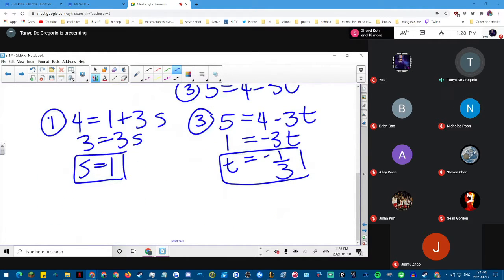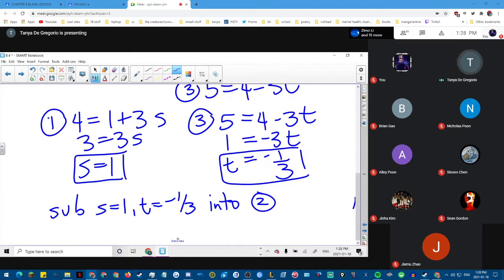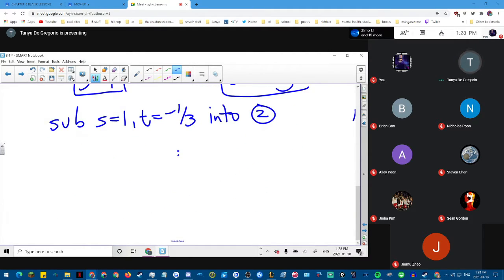Yeah, we're going to sub these values into the second one. We're going to see if it works. Let's see if it satisfies that equation.